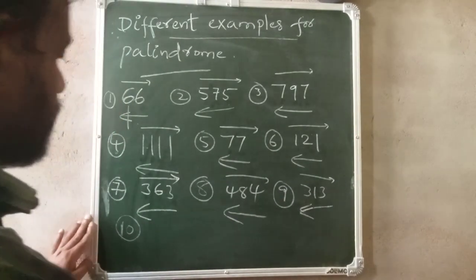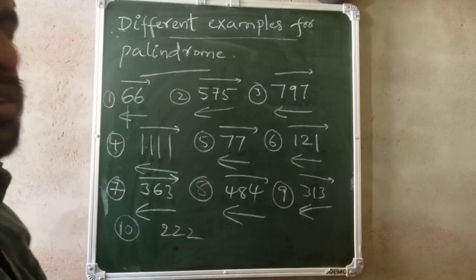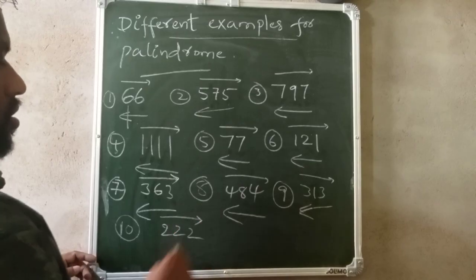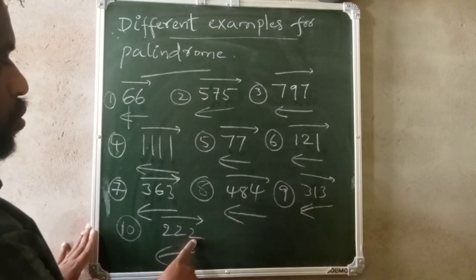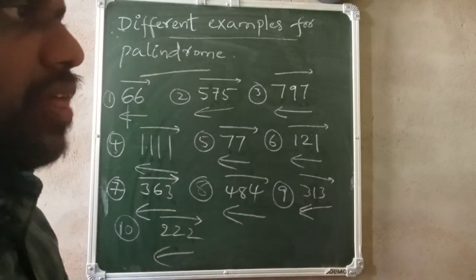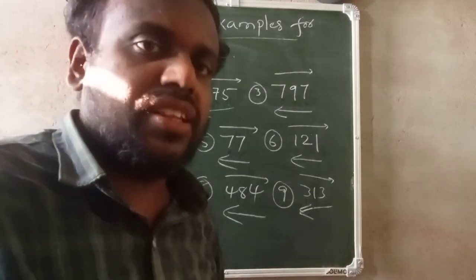Next, another example. This one. If you read in this direction, 2, 2, 2. If you read in this direction, 2, 2, 2. In both directions, it reads the same.